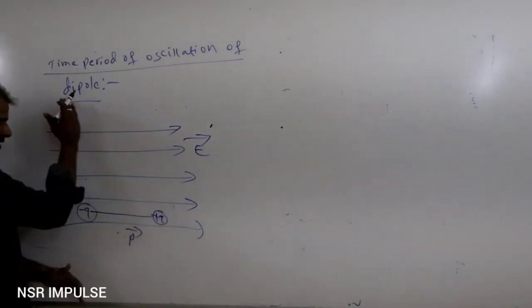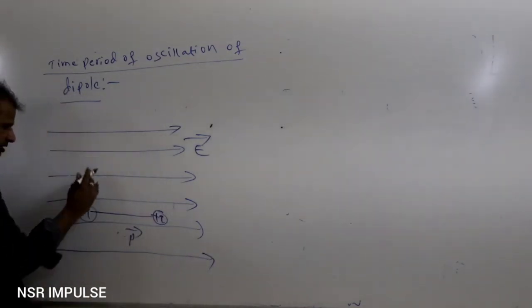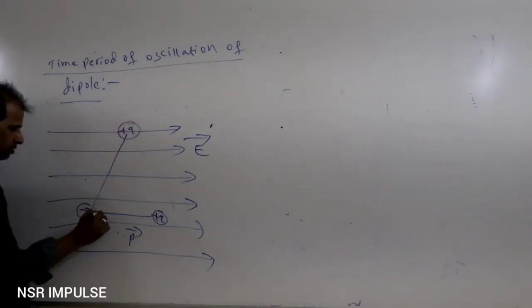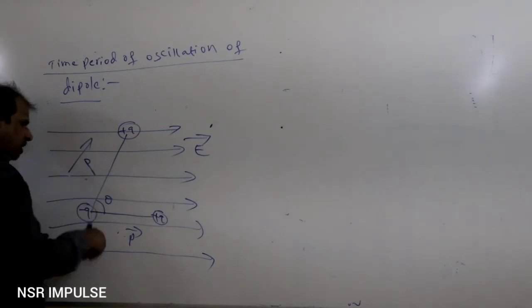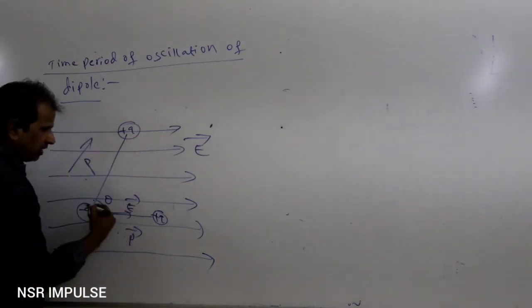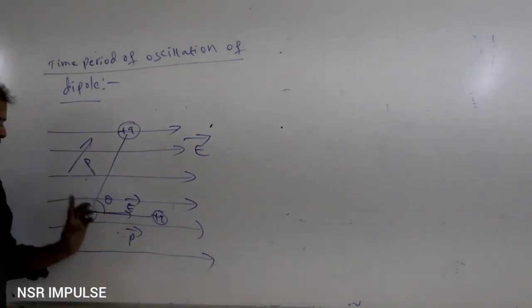Now it is displaced like this, meaning it changed its direction. Now the dipole moment P bar makes an angle theta with the electric field E bar.